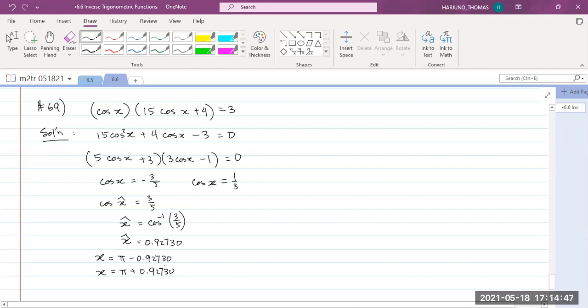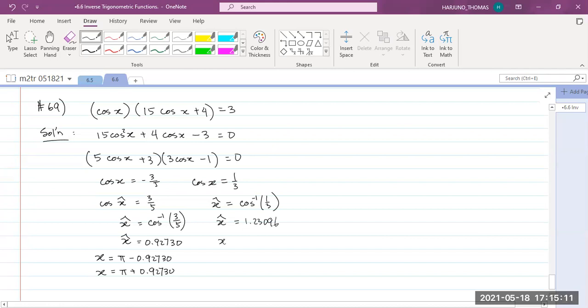Now cosine x equals 1/3. It's already positive, right? So x hat, talking about the reference angle, will be cosine inverse of 1/3. Using my calculator, I get x hat equals 1.23096.